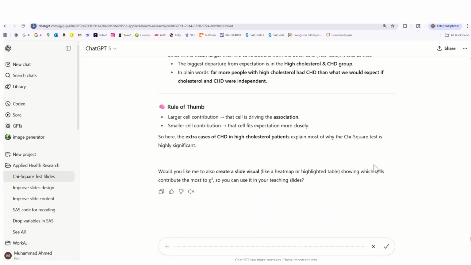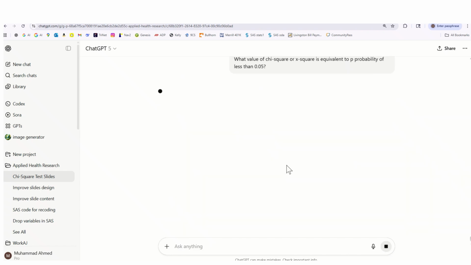So, okay. What value of chi-square or x square is equivalent to a probability of less than 0.05? Okay, submit it. I know it also depends on the degrees of freedom.